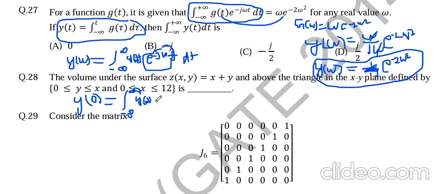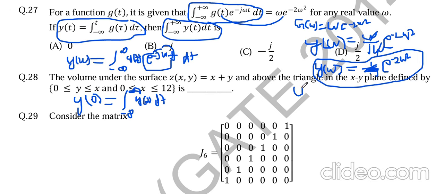So if we compare these equations, we see that this is nothing but Y(0), omega is equal to 0. So if we put omega is equal to 0 in this equation, we simply find the answer.